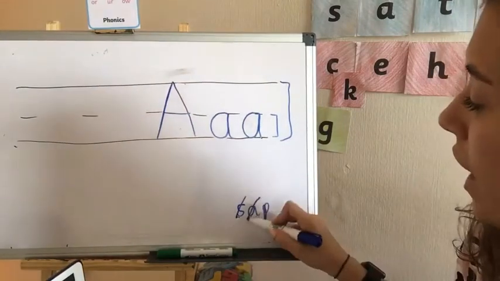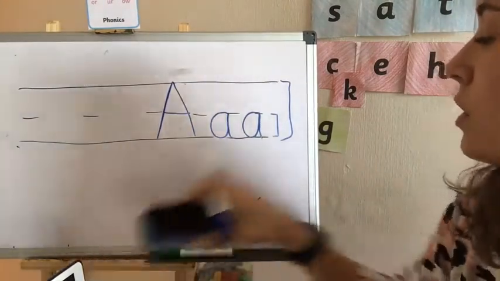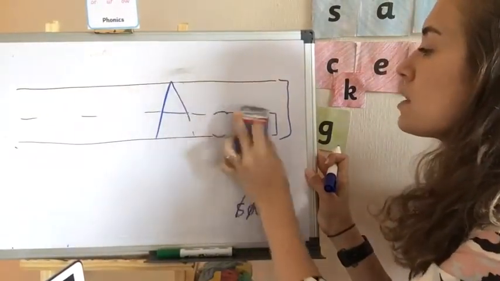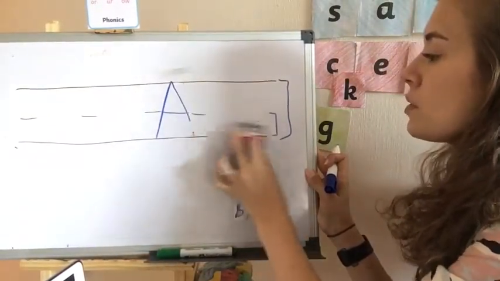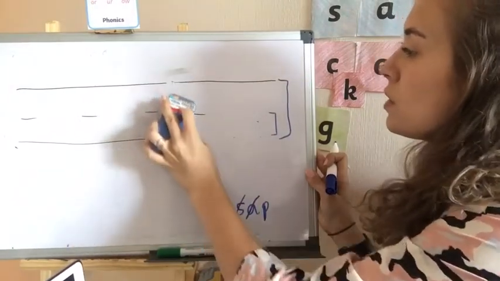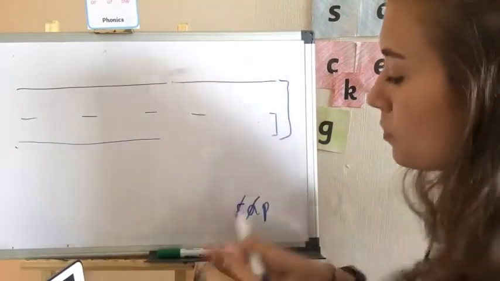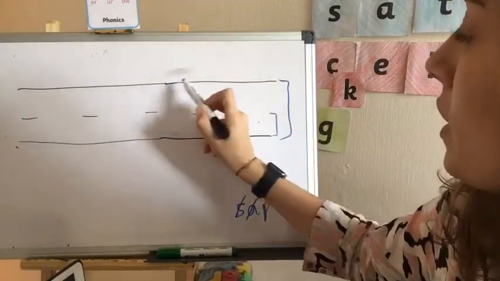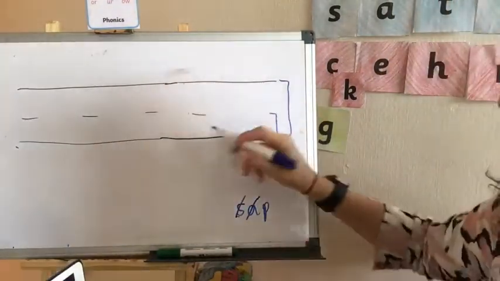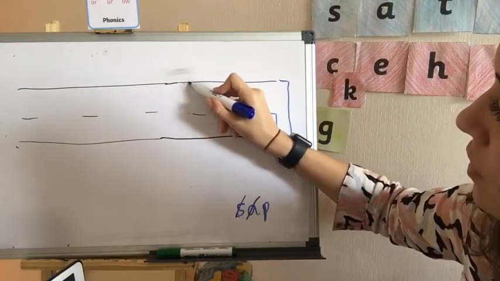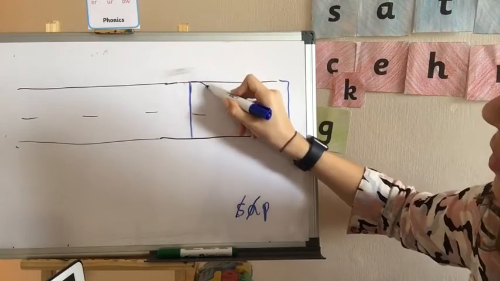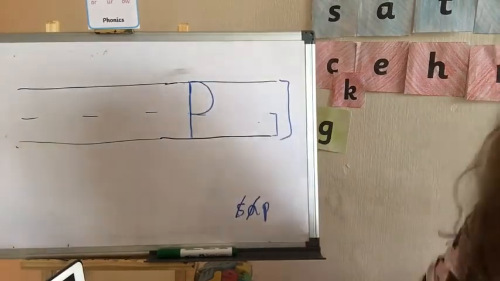Good, we did the A sound, and now we are going to trace the last letter. And the last letter is the letter P. Okay, here we go. Going down, up, middle.